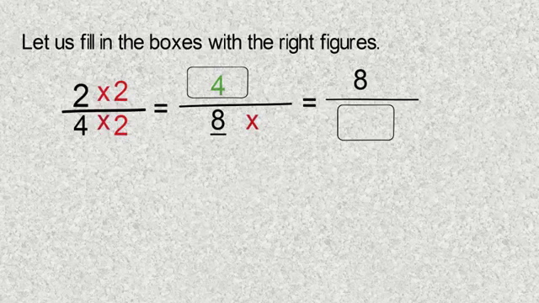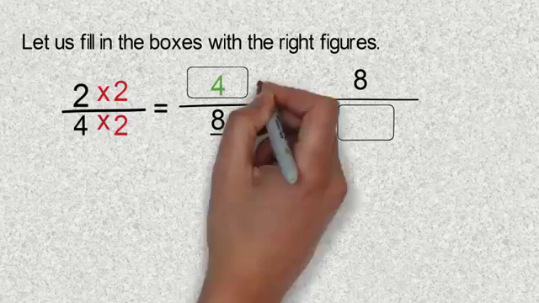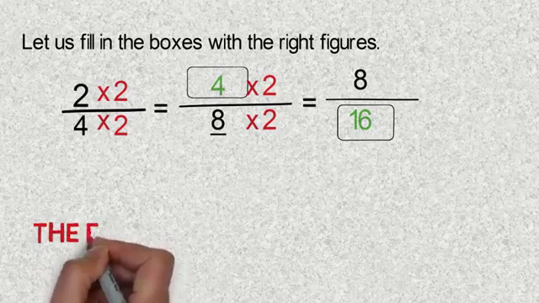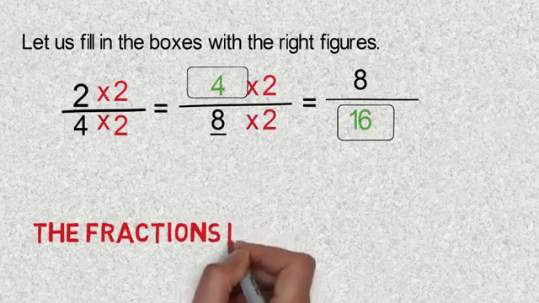If I multiply 4 by 2, it gives me 8, which is right. So I have to multiply the denominator by 2 also. If I multiply 8 by 2, it gives me 16. So I have 16 as my answer in this box. I hope you get that. Interesting, right? So 2 over 4, 4 over 8, 8 over 16 are equivalent fractions.